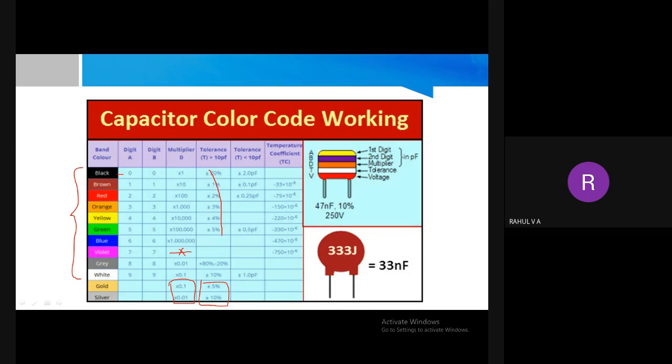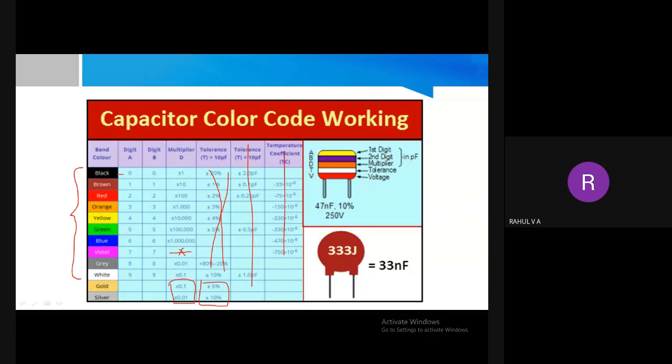Okay, we need not learn all this by heart. Just remember the values of gold and silver. Also, you can neglect the tolerance, no issue. Normally the capacitor color code will not be asked. They will only ask resistor color coding and numerical coding of capacitance.